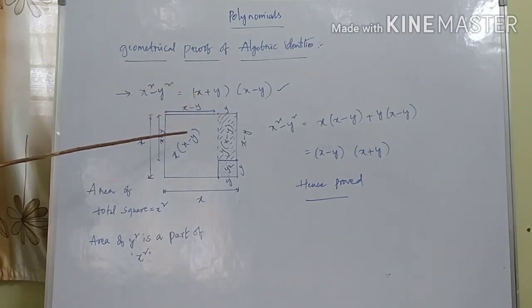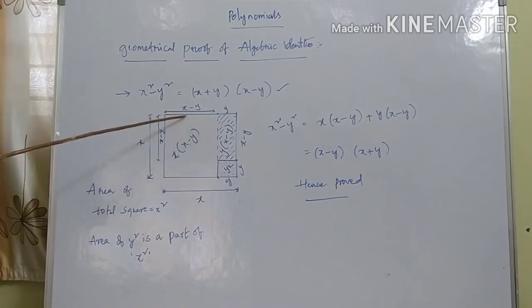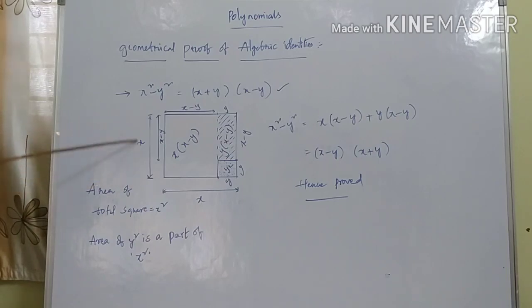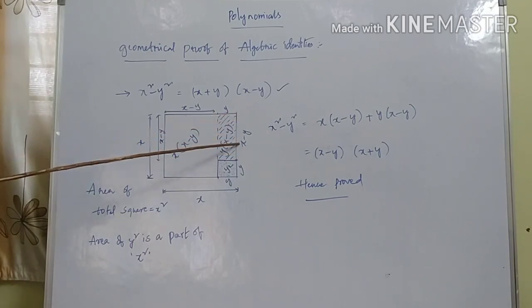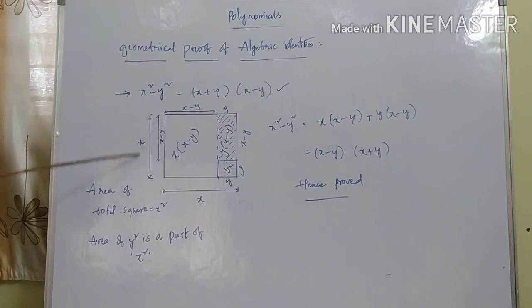So the area of this rectangle is equal to x into, because the total length of the side is x, x into breadth x minus y, x minus y. Here also the length of this side is x minus y, up to this point.